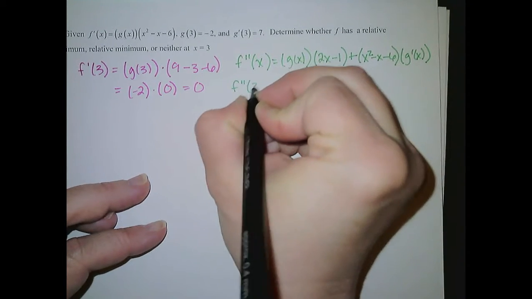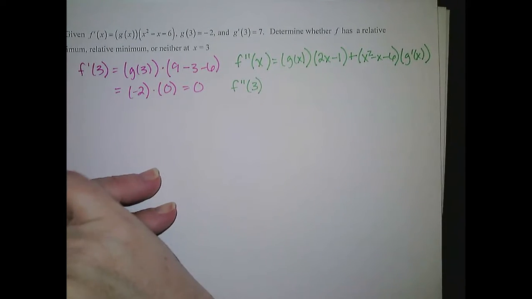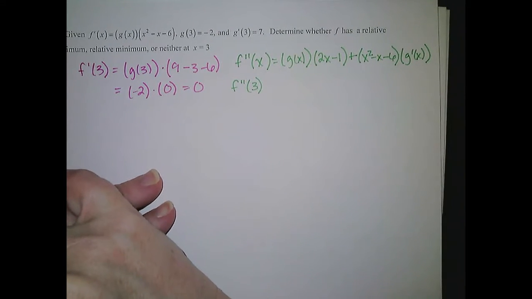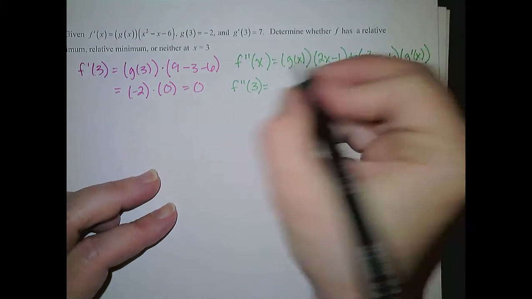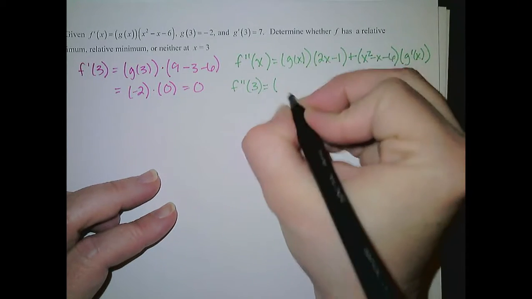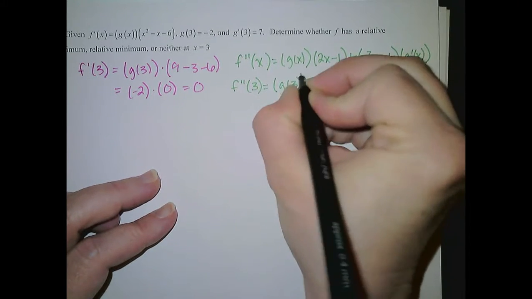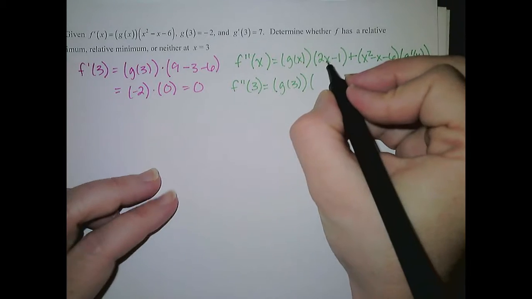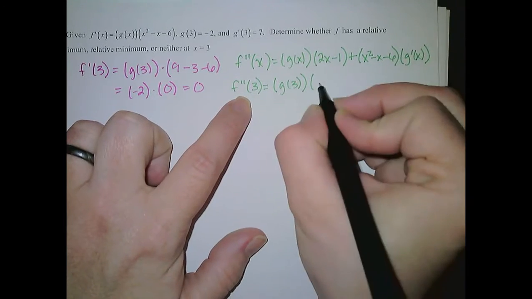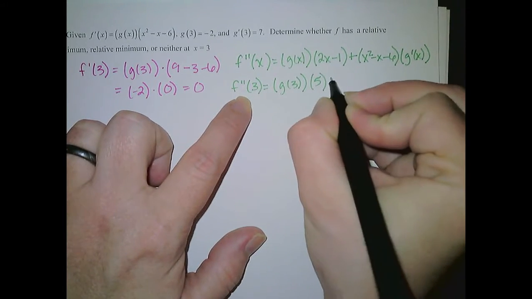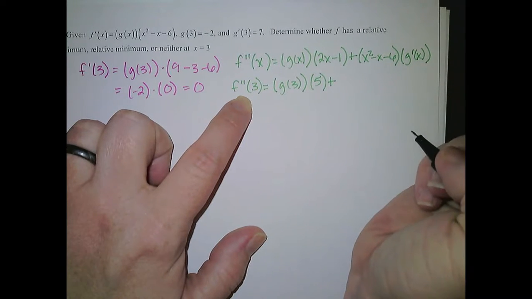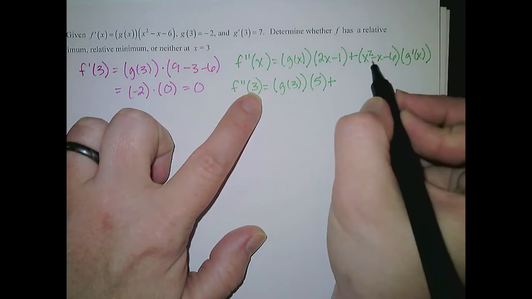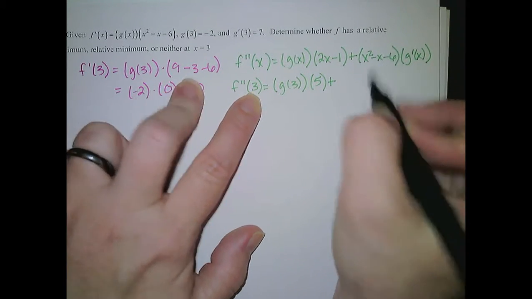So now I need to know, what is the sign of the second derivative at 3? So if I plug that in, I've got g of 3 times 2 times 3 would be 6 minus 1 is 5, plus, we've already substituted 3 in here. We already know that that's going to be 0.